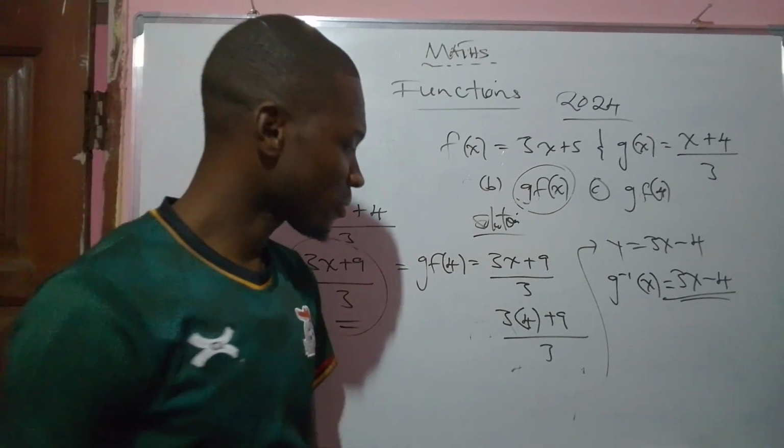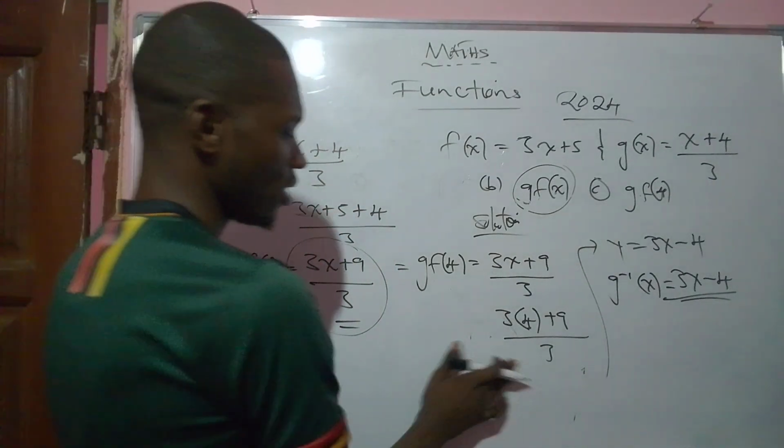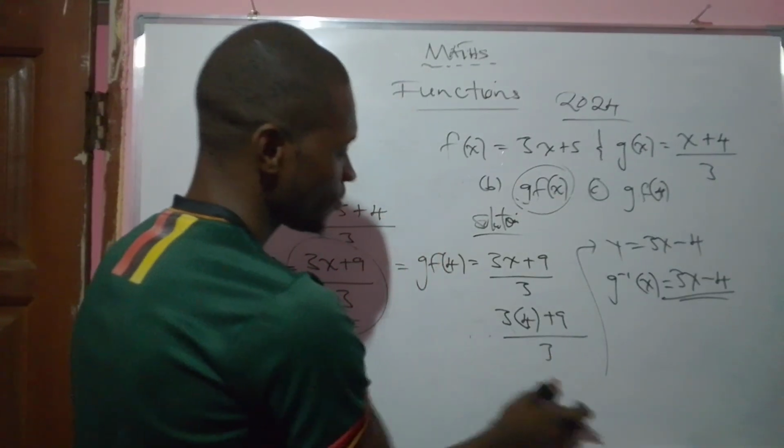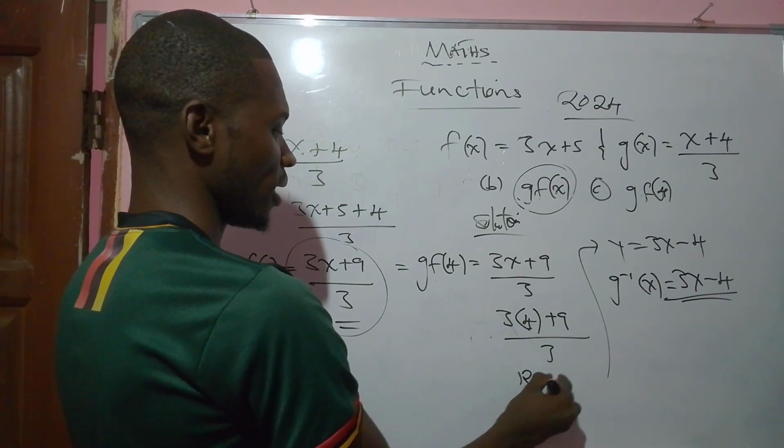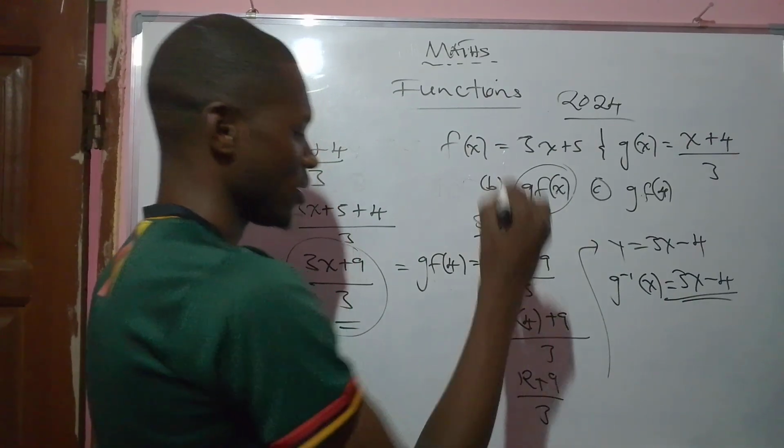Then from there, very simple, with your mind and your soul very calm. So here you're going to get (12 plus 9) over 3.